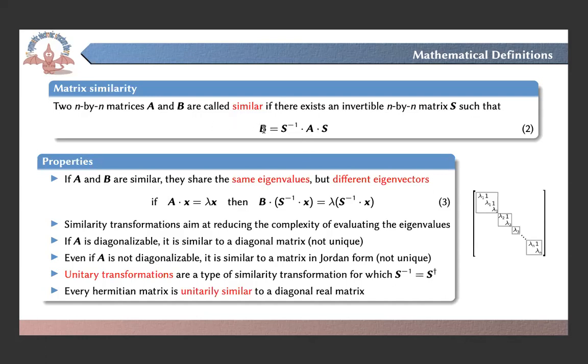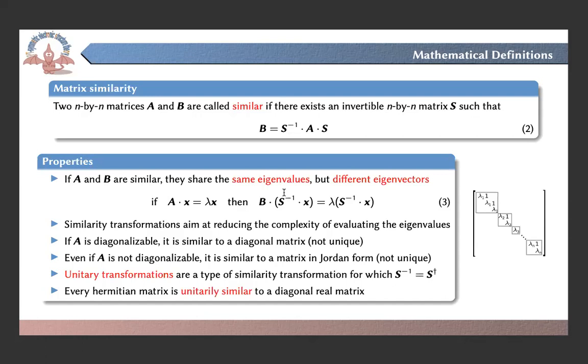The main property of that transformation is that it conserves the spectrum of eigenvalues of A. If lambda is an eigenvalue of A for an eigenvector x, then lambda is also an eigenvalue of B, with a different eigenvector, S^-1 x.